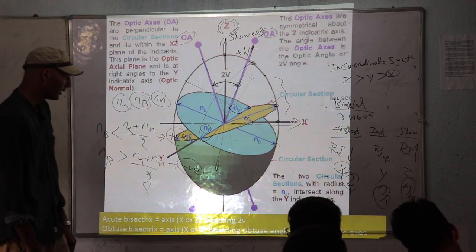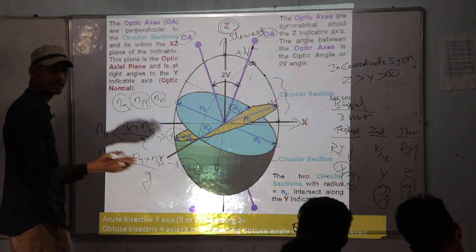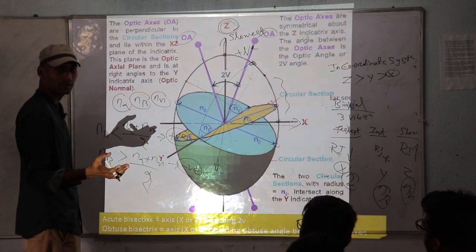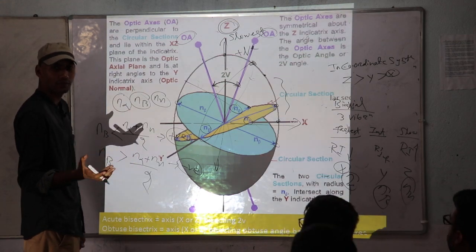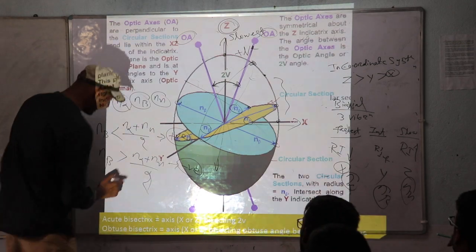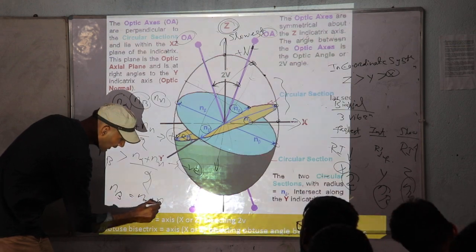Okay. Then some of you asked when the optic axes are perpendicular in biaxial minerals. So when will that be? When n beta is equal to n alpha plus n gamma by 2.